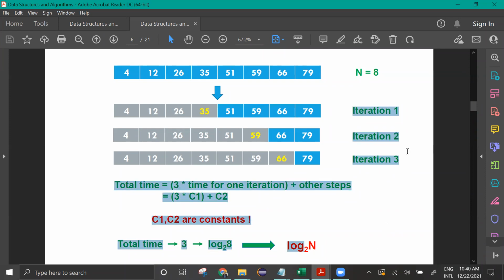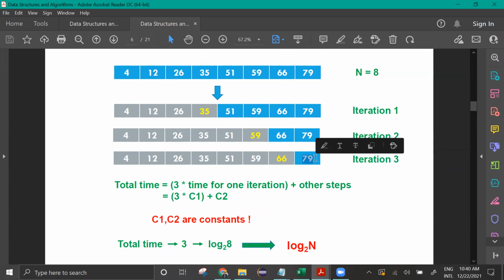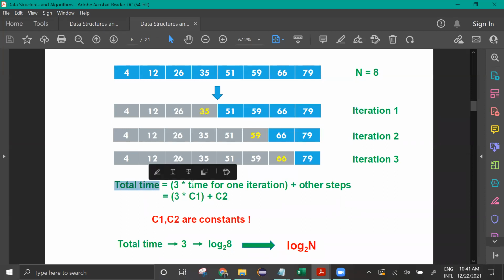Generally 3 iterations, we can reach the value that we are searching for. Maximum 3 iterations if the size is 8. So the total time would be 3 times the iteration.